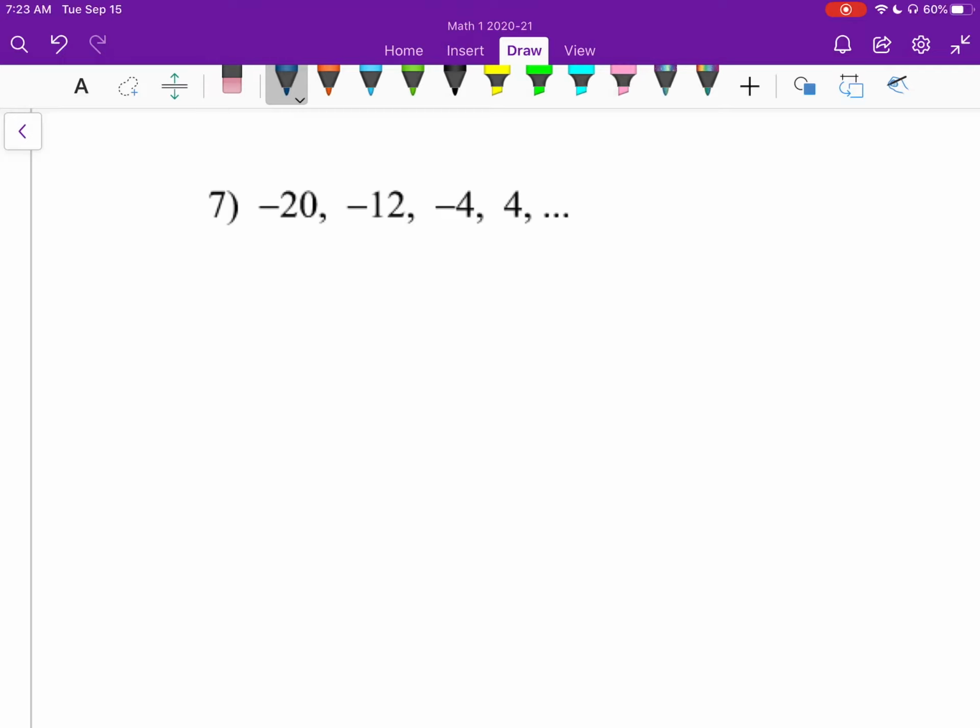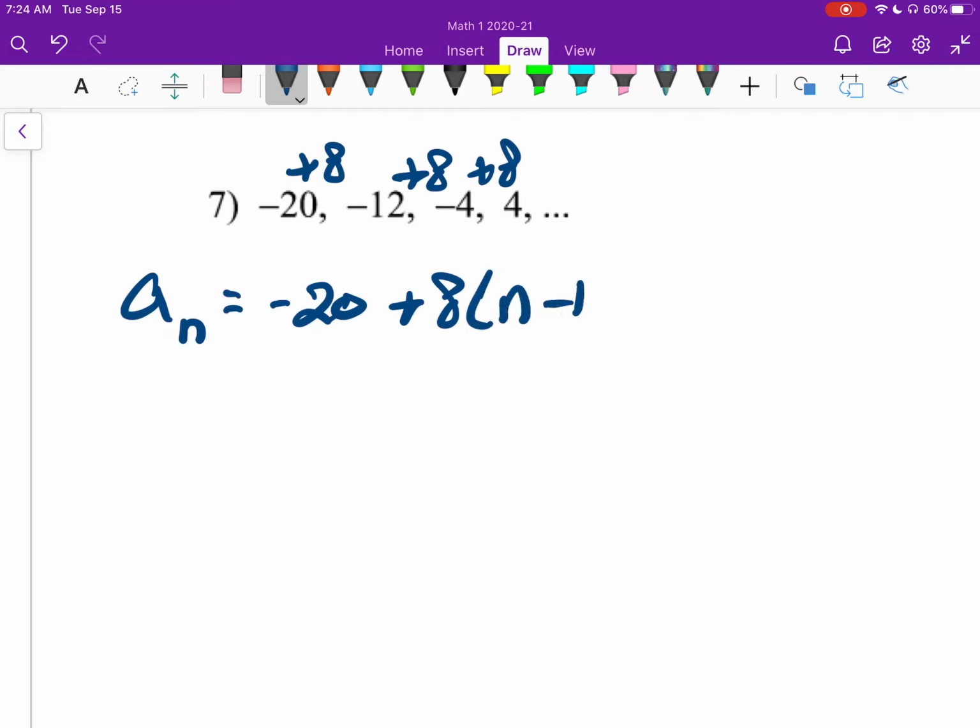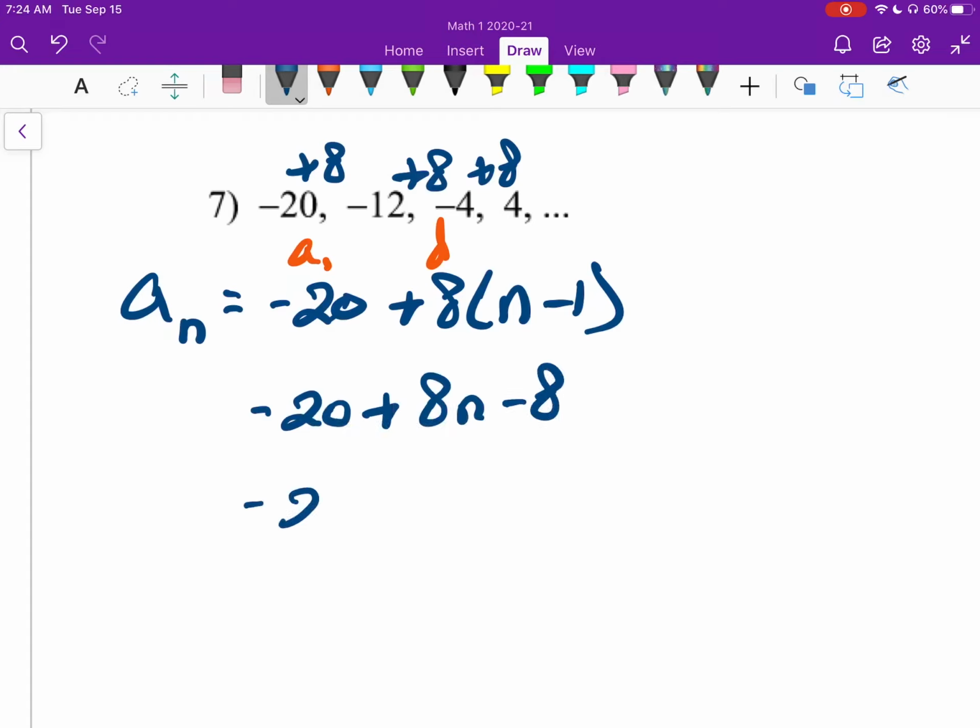Number 7, here we are adding 8. So a sub n equals -20 plus 8 times n minus 1. I'm talking about a sub 1 here, and my common difference is there. So I get -20 plus 8n minus 8, -28 plus 8n.